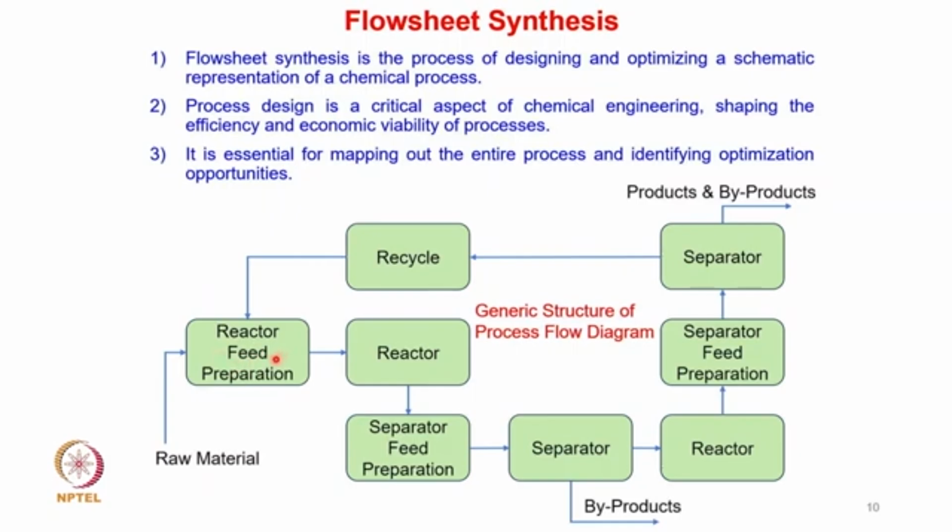Once that is done, the mixture is then charged to the reactor. From the reactor, the hot product stream exchanges heat in the heat exchanger. So the separator feed preparation unit in this case will be a heat exchanger, or even the flash drum, the flash unit. And the subsequent separators will be the distillation units from where the products will be taken out, and the unreacted ethylene and water can be recycled back.